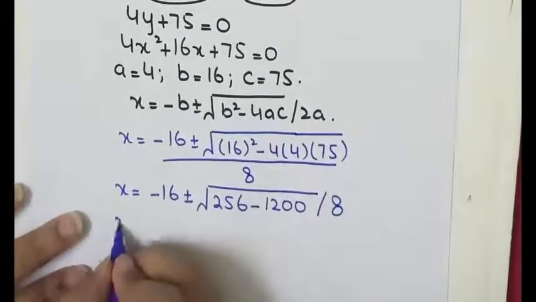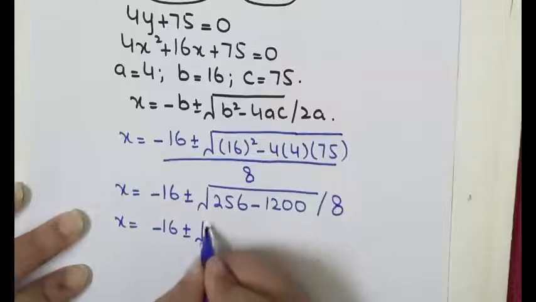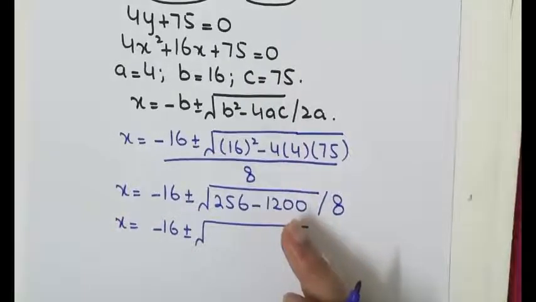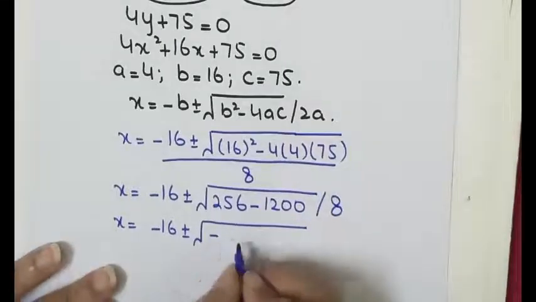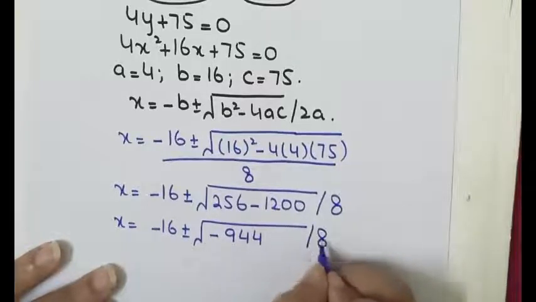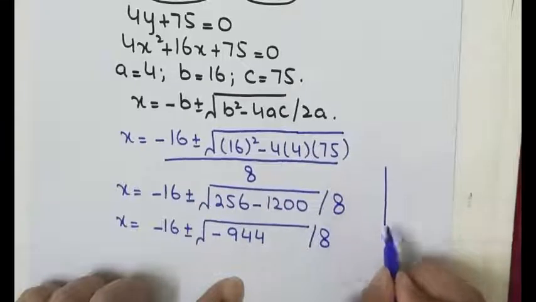So x is equal to minus 16 plus minus 256 minus 1200. This is equal to minus 944 divided by 8.